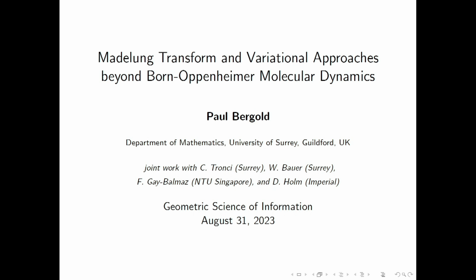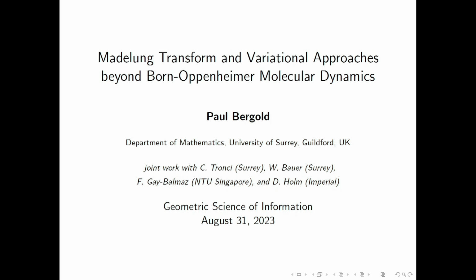One is a fully quantum particle method, which is called the Bohmian method. A second one is a mixed quantum-classical trajectory-based method, which is called the Koopmans method. And since we have made good progress with the numerics for the Koopmans method, I have decided to put the focus on the Koopmans method in this talk.